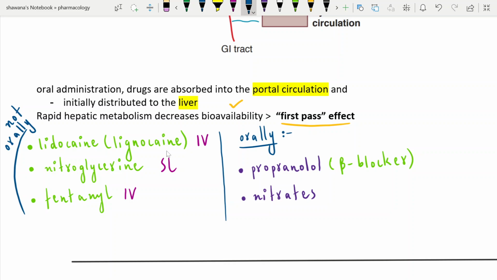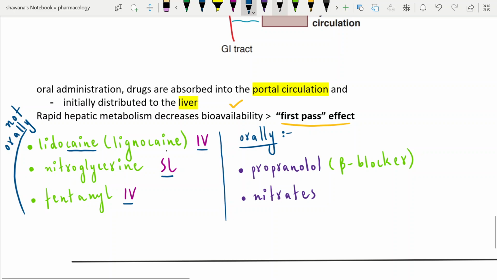For example, lidocaine. Lidocaine is a local anesthetic, and we give it intravenously. And nitroglycerin, it is a drug for angina pectoris, and we give it sublingually. And fentanyl, it is also given intravenously.